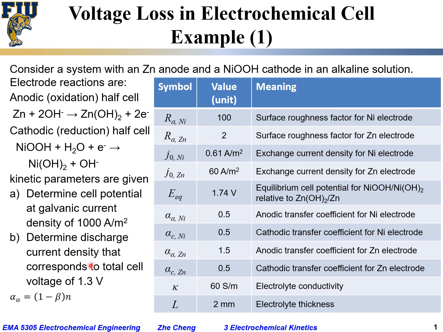Okay, and then as we mentioned before, this alpha A would be 1 minus symmetry factor beta times n, while alpha C would be symmetry factor times n.